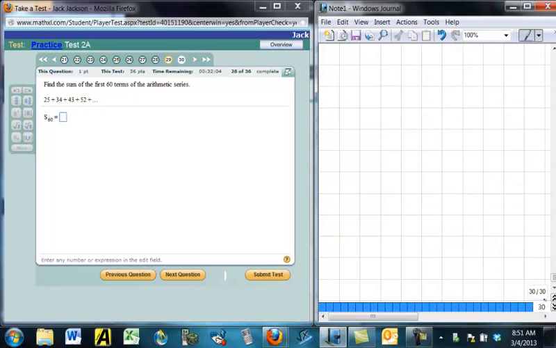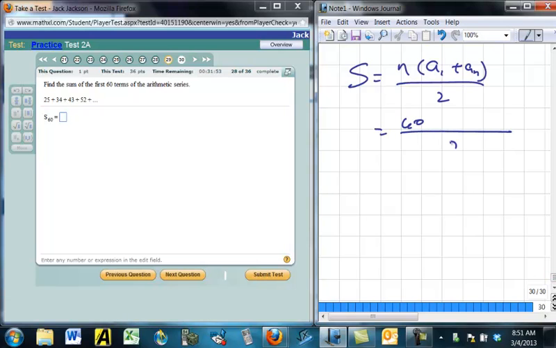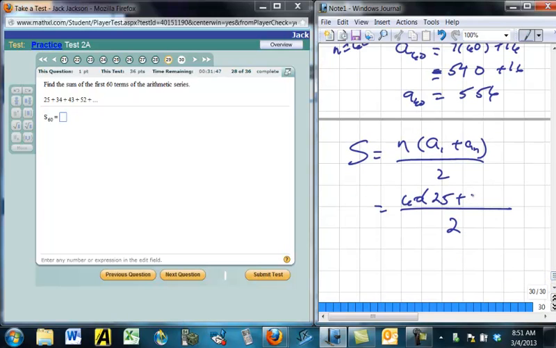Okay. Alright, so we know the sum, if it's arithmetic, is first term plus last term times the number of terms divided by 2. Well, the number of terms was 60. The first term was 25, and we needed to find out the last term, which we just did, 556. 60 divided by 2 is 30. 556 plus 25.